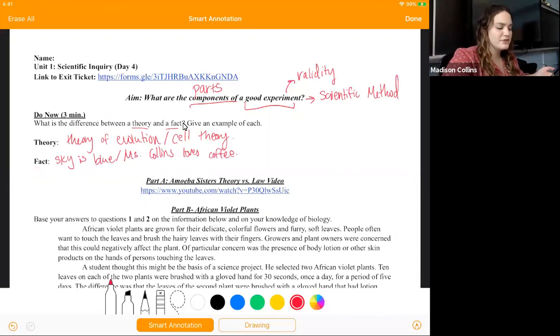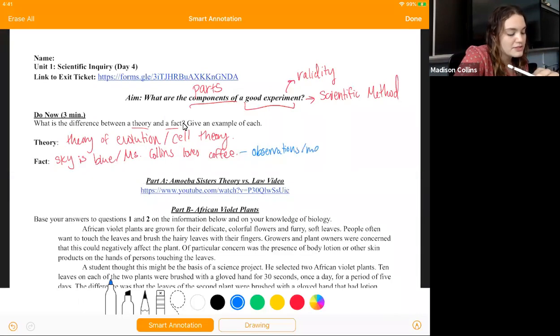But what is the difference between each of them? Well, we know that facts are based on observations and or measurements, and we also know that theories are explanations based on evidence.